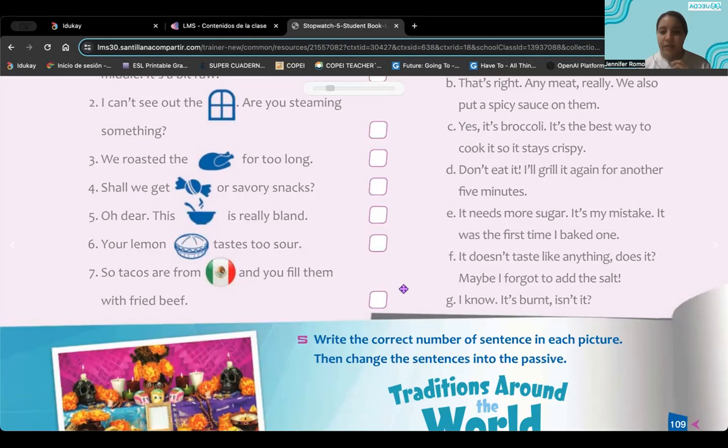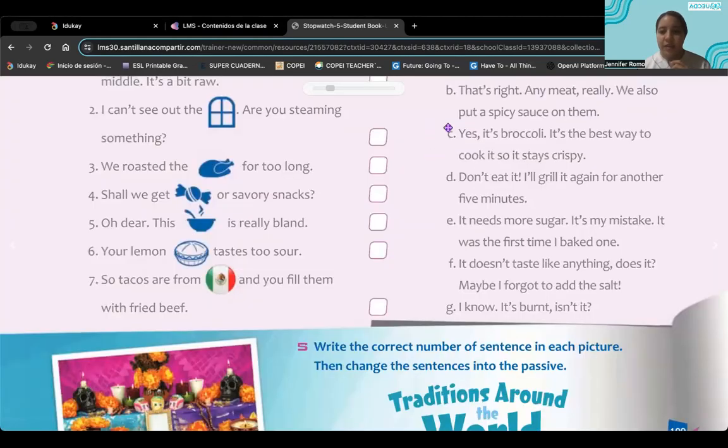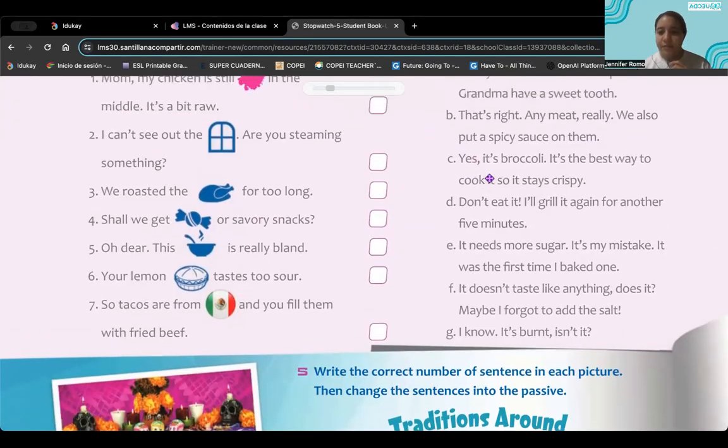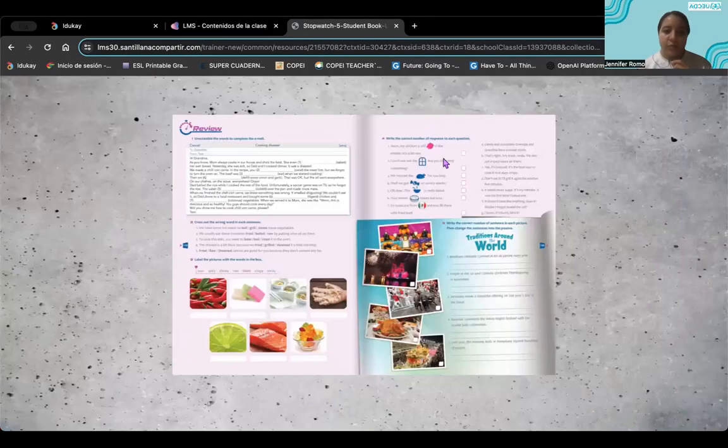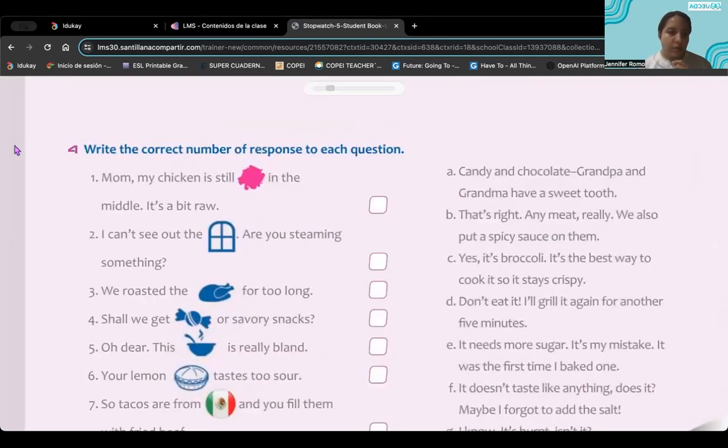Oh, sí, carne frita. So you have to write the letters or the numbers. No, sorry. You have to write the numbers. I forgot. Here's the number. For example, I said to you that here was D, but the correct one here is which one?